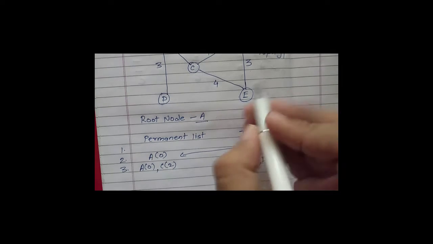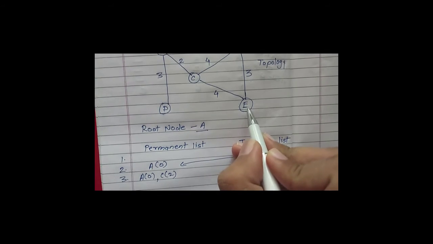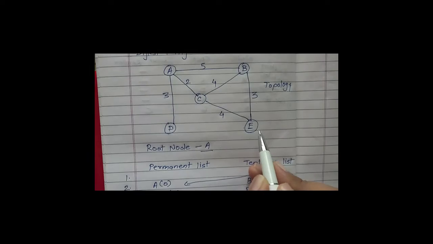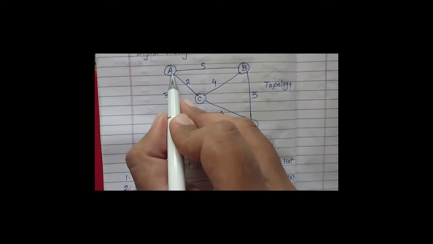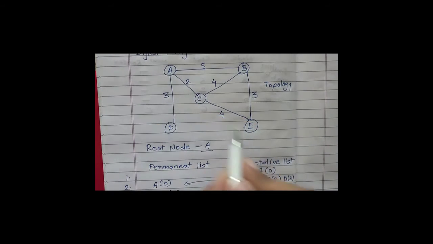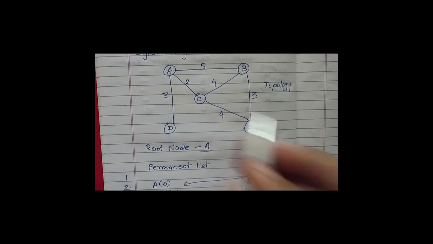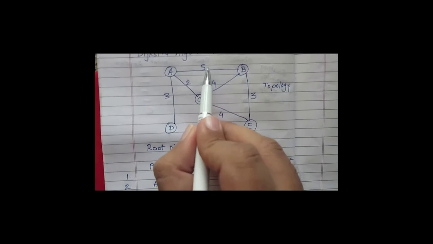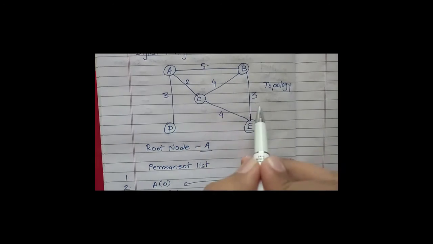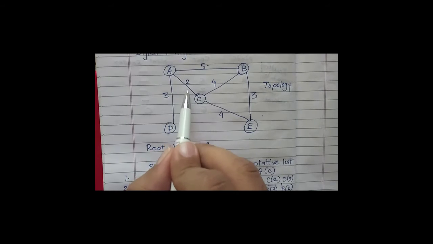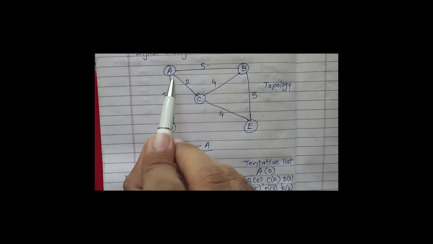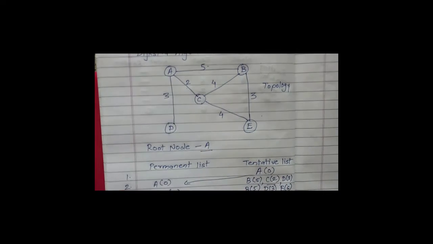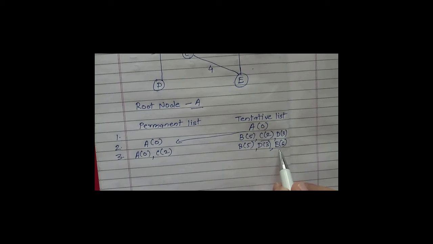The unprocessed node is E. E is an immediate adjacent of C, and the cost to reach E from A will be 6. We can reach E via B from A as well, but the cost of this path will be 5 plus 3 equals 8, which is more than 2 plus 4 equals 6. That's why we reach E via C from A, and we have considered the cost associated with E as 6.